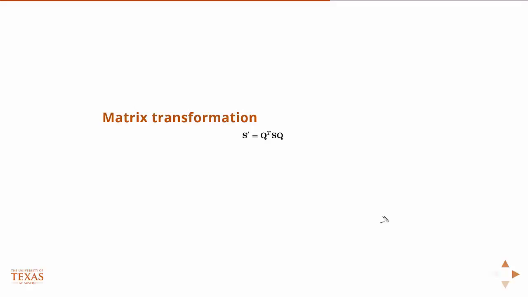If we look at SQ, S is a matrix, Q is a matrix. The result is going to be a matrix that is not equal to QS. So the order matters if you multiply on the right or on the left.